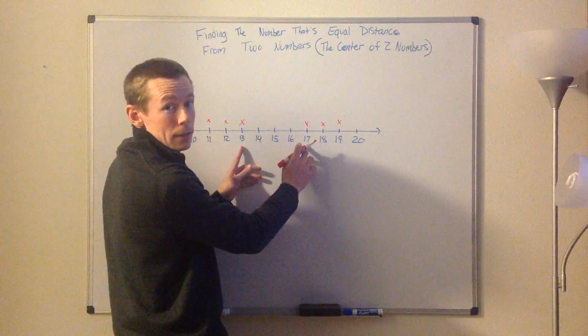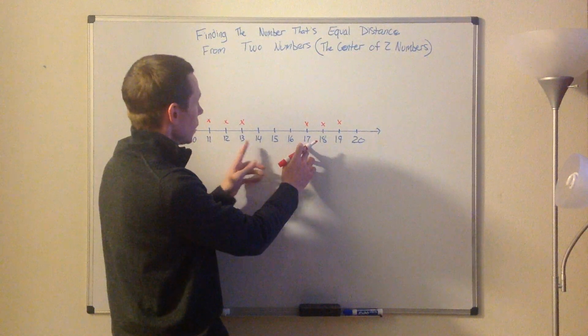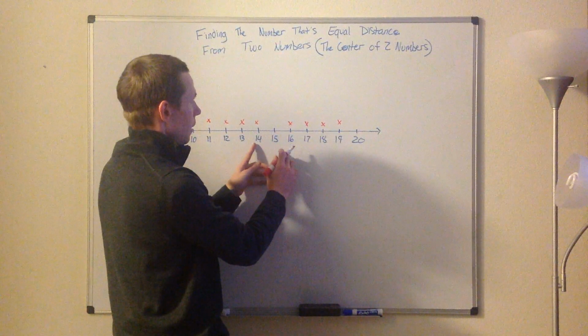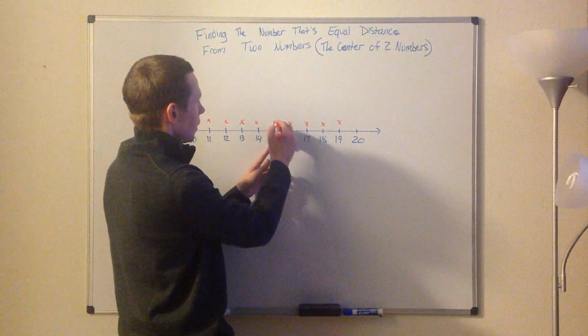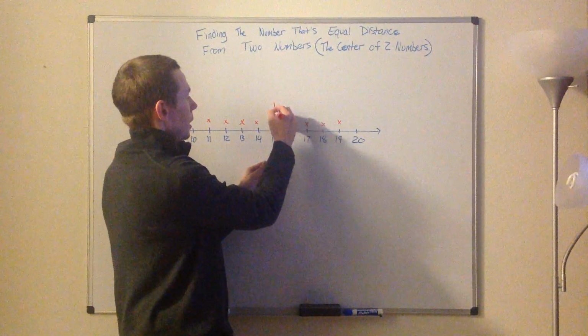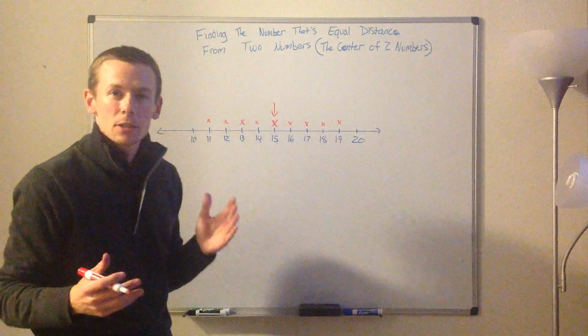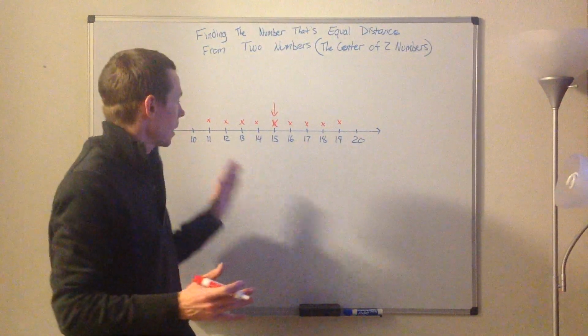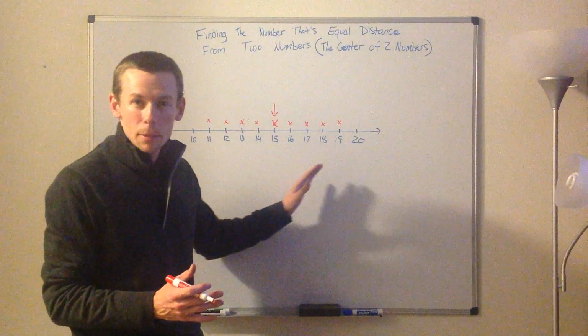Inward 1, inward 1, and then inward 1, and inward 1, and I end up copying this one right here, meaning that 15 is the center of 10 and 20. Now that's something you probably knew, but I showed you a way to think about solving it.